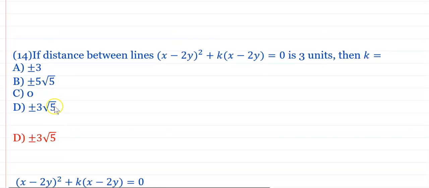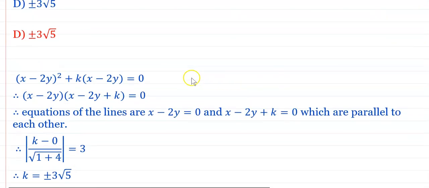Now the next question. If the distance between the lines (x minus 2y) whole square plus k into (x minus 2y) equals 0 is 3 units, then the value of k is. See this here.